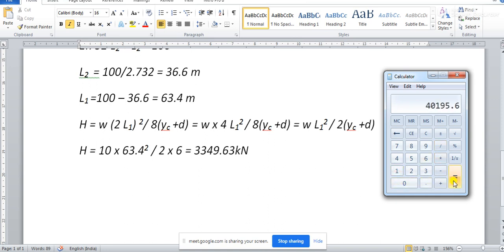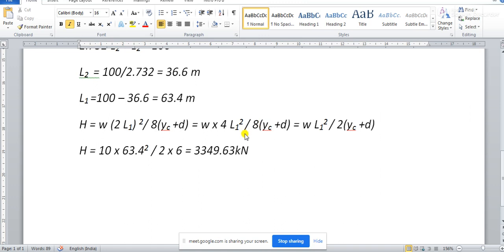It will be 4019 5.6 divided by 12. Everyone has got 3349 by 12, 3349.6. Okay, that's okay. Is it clear? Everyone has got it?